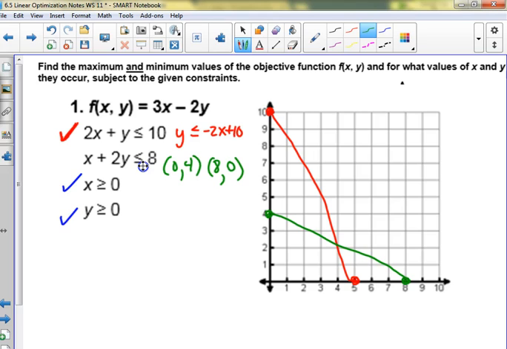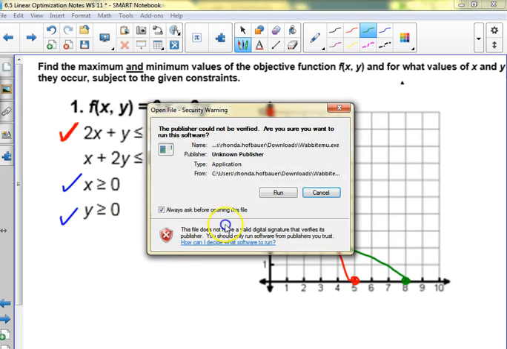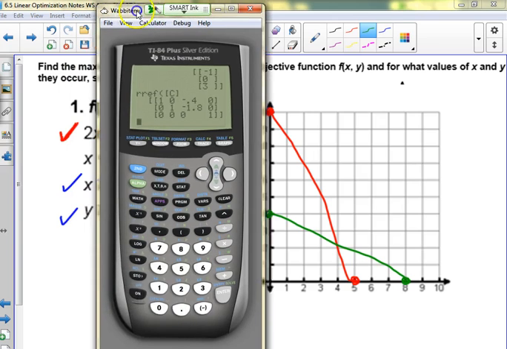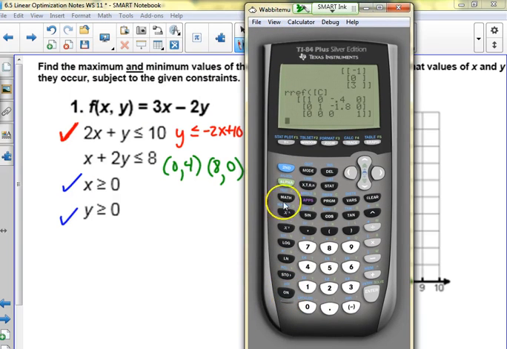Can we just review real quick? Could we put this in a matrix to find where those two equations intersect? It's kind of time-consuming for this particular problem, probably, but what would it look like? Which way do you want to do it? One matrix or two? One? So I'm going to go to matrix A, edit, and what size would it be? I only want to find where these two intersect.